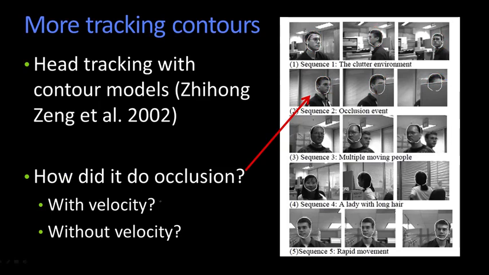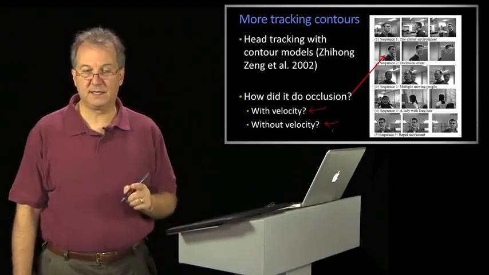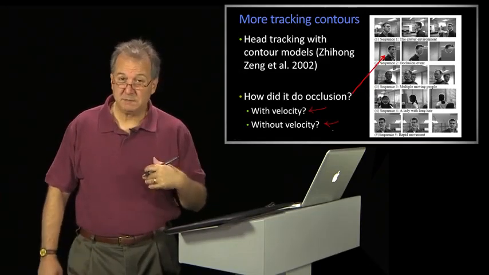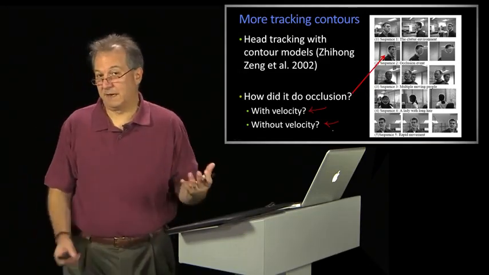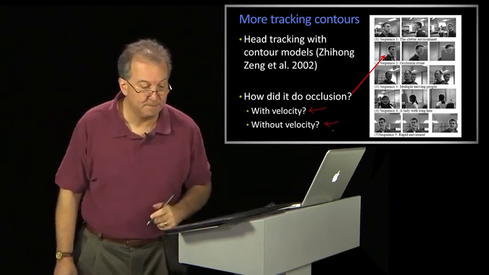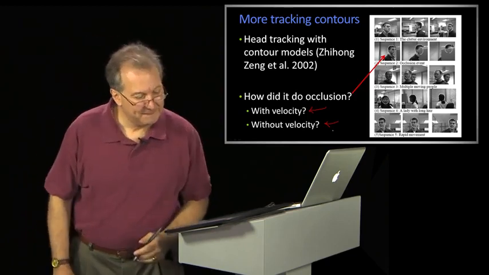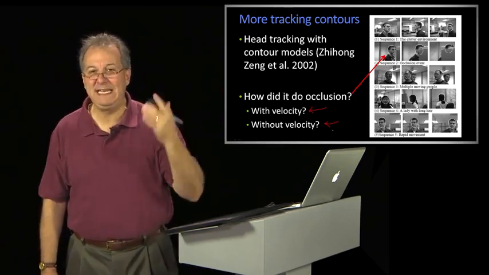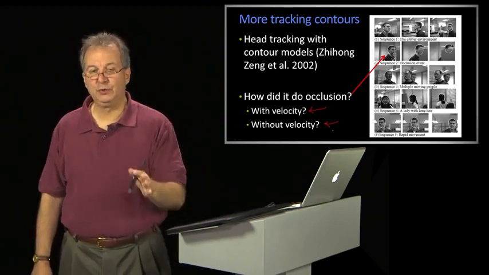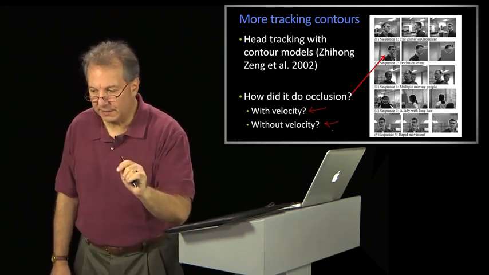Well, maybe they used velocity in their state, or maybe they didn't. What do you think? You think they did, or you think they didn't? Personally, I would have thought they did, because, I mean, I know all about Kalman filtering. I know if you track velocity, it's really easy. But then, if I think about particle filters, I'd say I probably didn't need to track velocity for the following reason.